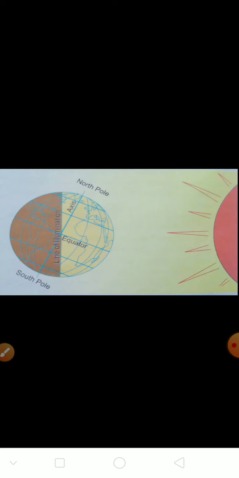See here, the perpendicular rays are experienced at noon, that is 12 noon, which we call midday. From this position onwards, the rays from the sun begin to get slanted, and in a few hours there is evening. Just as the last rays of the sun fade away below the horizon, there is dusk.